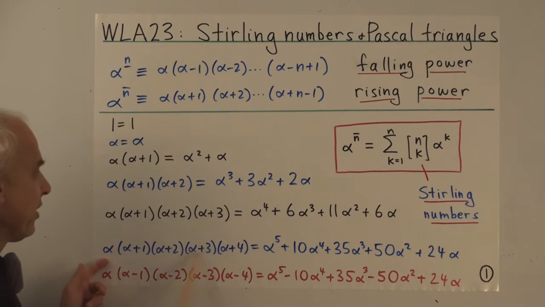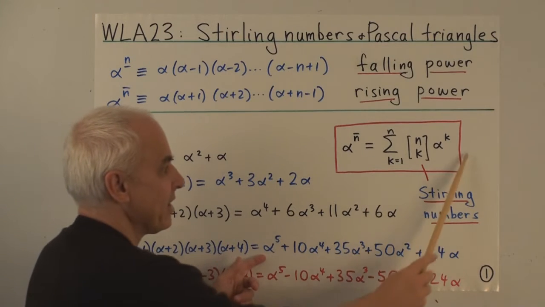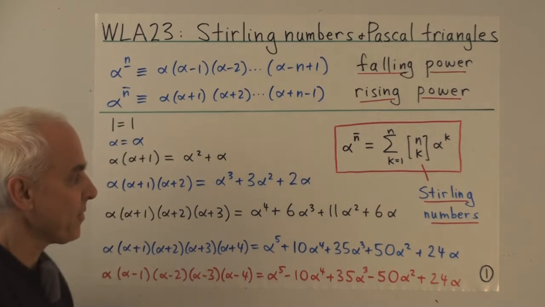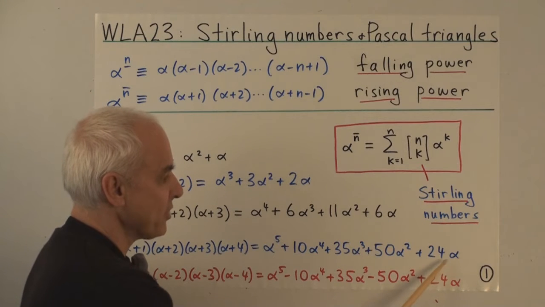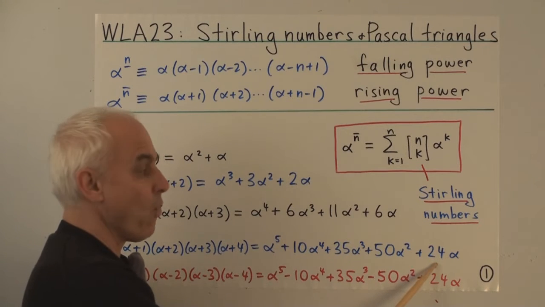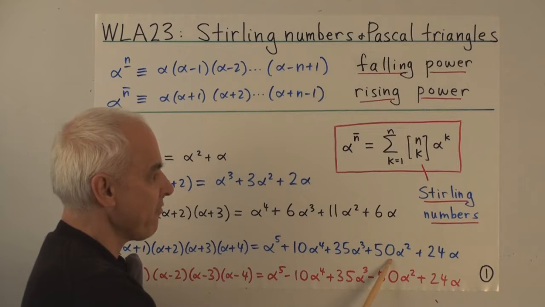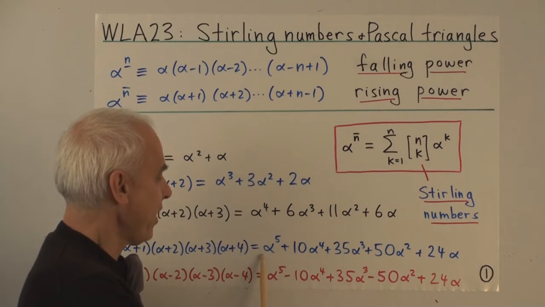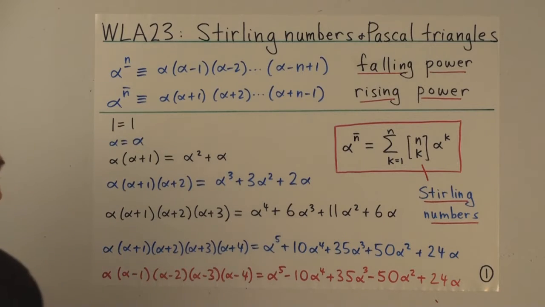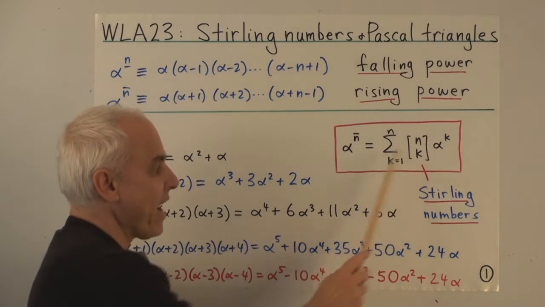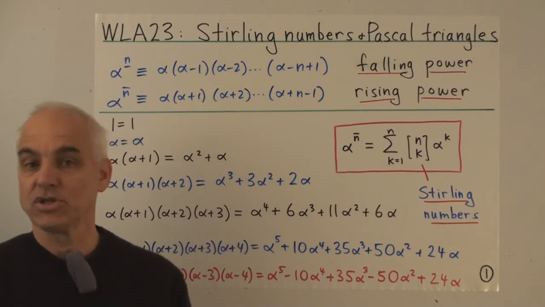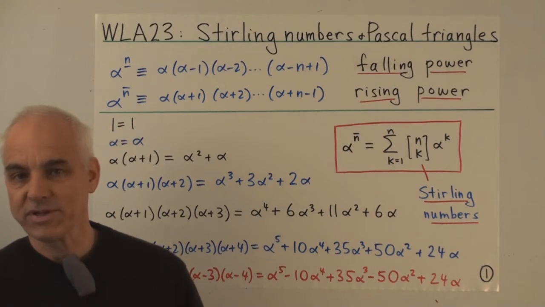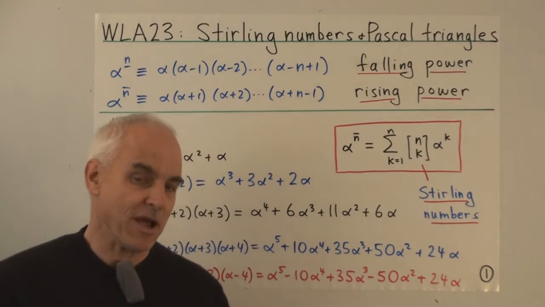So for example, here's alpha to the 5 rising. Then, in terms of this sum here, we would start with alpha. So this would be 5 bracket 1. This would be 5 bracket 2, 5 bracket 3, 5 bracket 4, and 5 bracket 5 would be 1. These numbers here, these bracket numbers, are called Stirling numbers, or more precisely, Stirling numbers of the first kind.